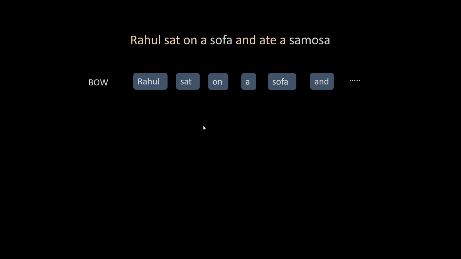So what did we do in the bag of word representation? We considered individual words: Rahul, sat, on, like this.